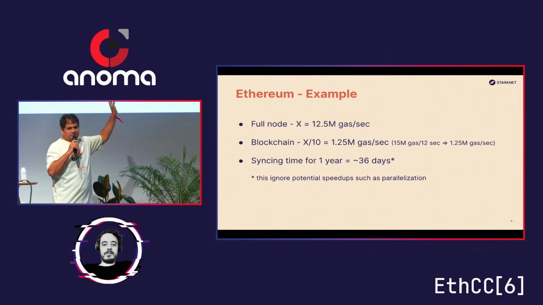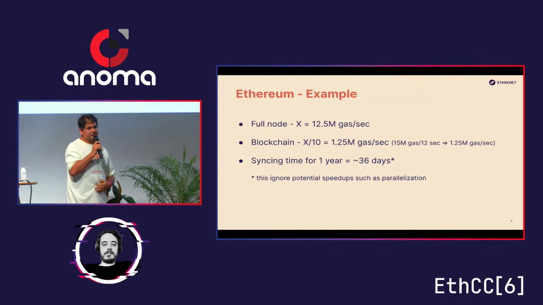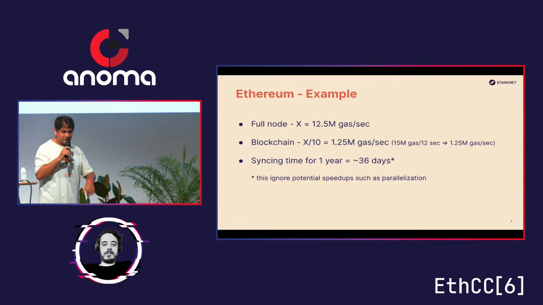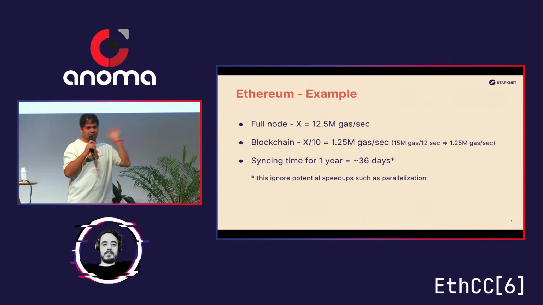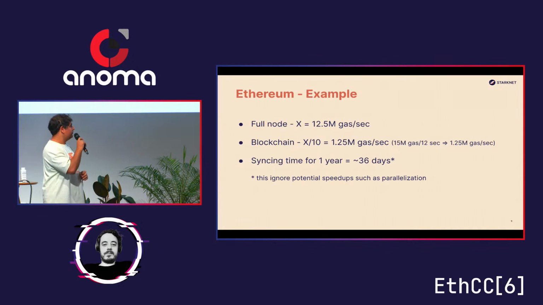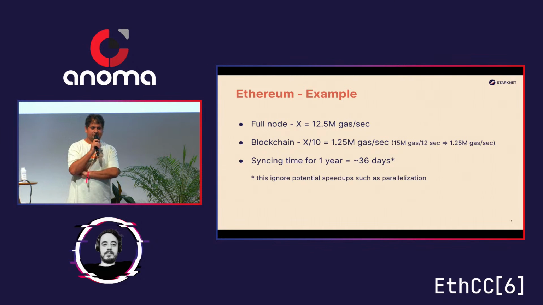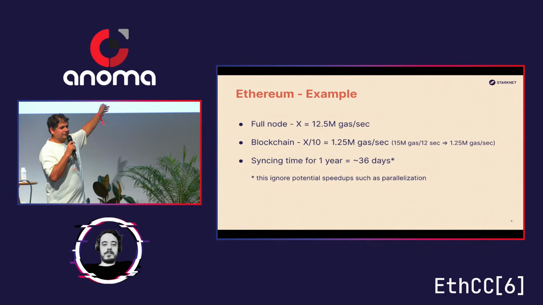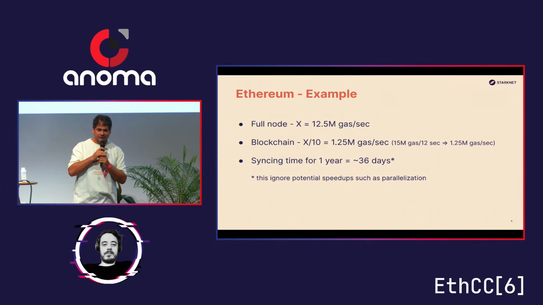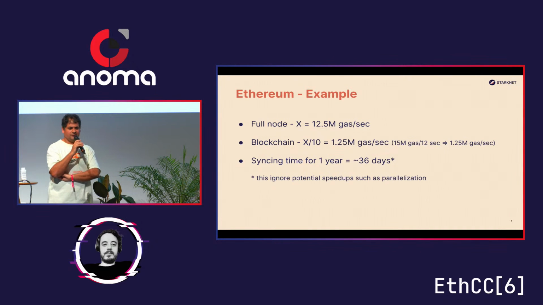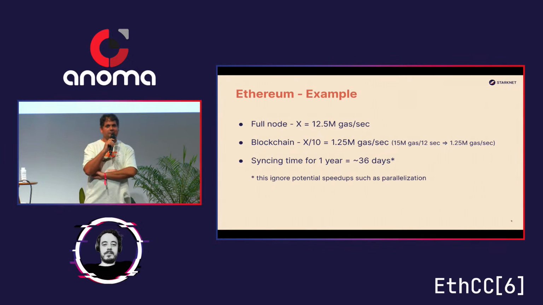If I just count with those two numbers and throw away everything about optimizations, then syncing 1 year of Ethereum at the current speed today, which is of course faster than it was in the past, will cost you about 36 days, which is already pretty long. So it's not really the number today, and Eric was actually able to demonstrate a full sync in about, I think, 12 days.